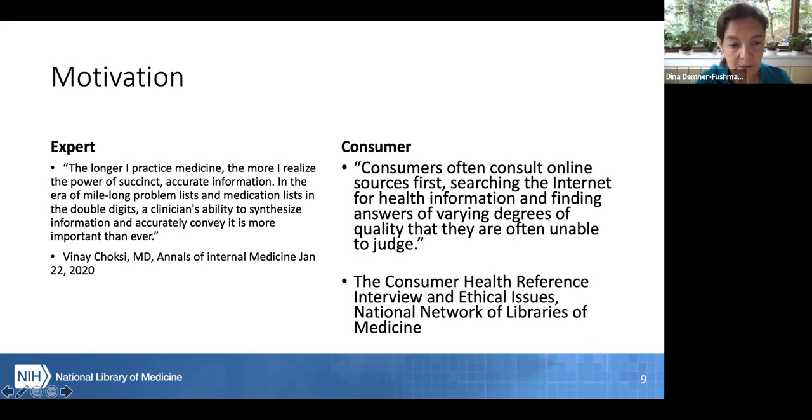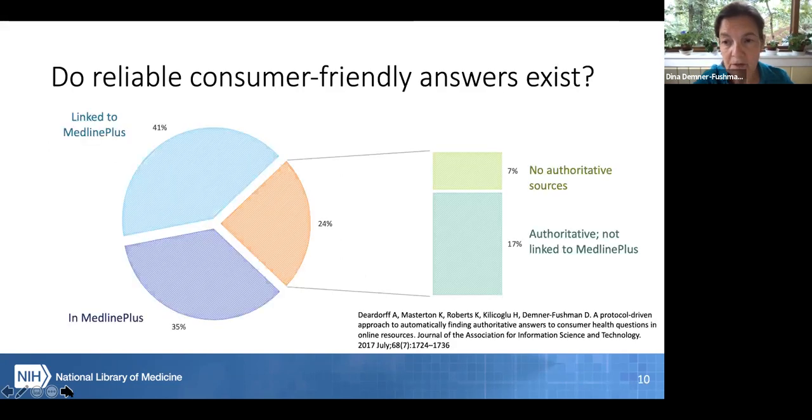So we started working on this consumer health question answering some years ago. And our first question was, do reliable answers at the consumer level exist? And one of our library associates analyzed the questions that we have in our logs and had a very nice structured study that showed that about a third of the answers are in that resource that we provide for the general public, that's called MedlinePlus.